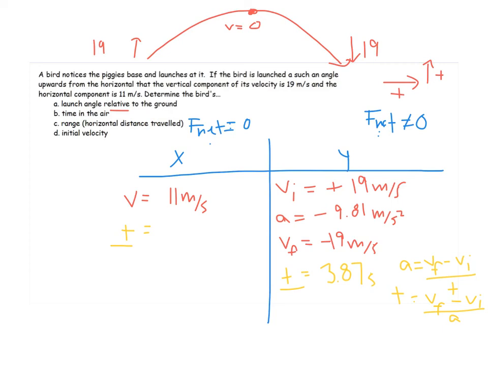I guess that's assuming that Angry Birds happens on Earth. So that time is 3.87 seconds. Now, I guess that answers B. So B's done. That's the time in the air.